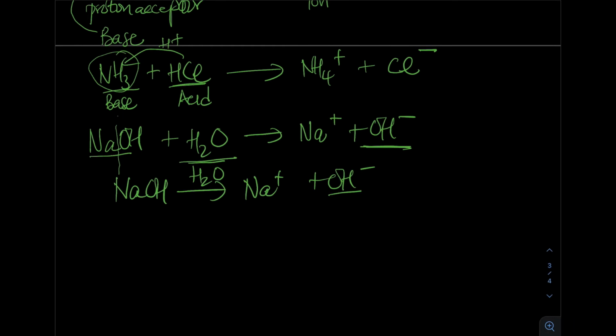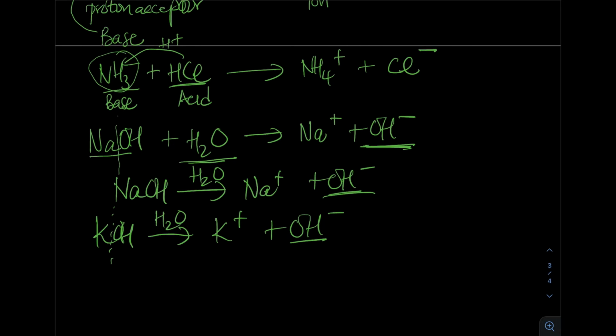So that's a base that forms OH minus, and we can even take caustic potash. The caustic potash, potassium hydroxide, when you dissolve it in water, is going to give K plus and OH minus. So this base has been dissociated by water, and it formed the OH minus.